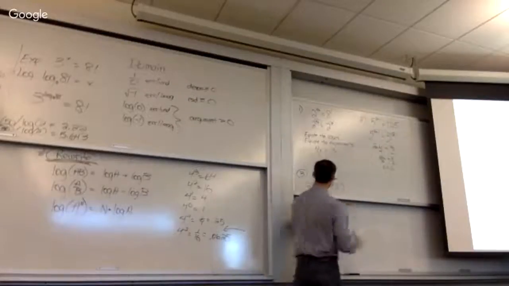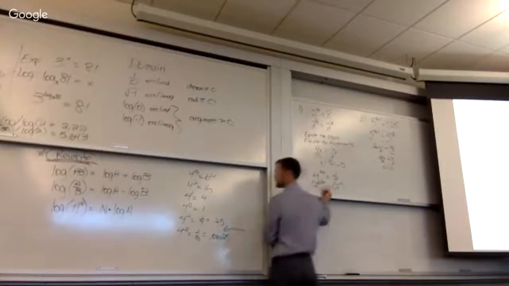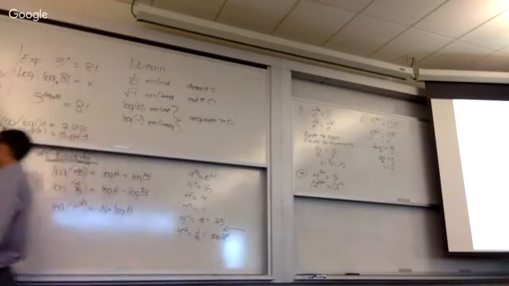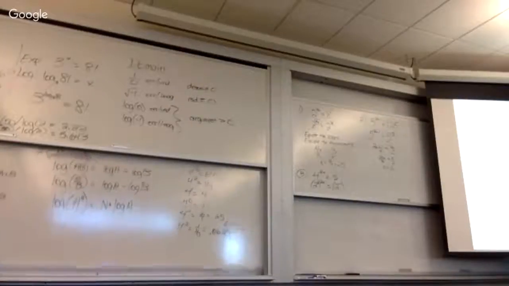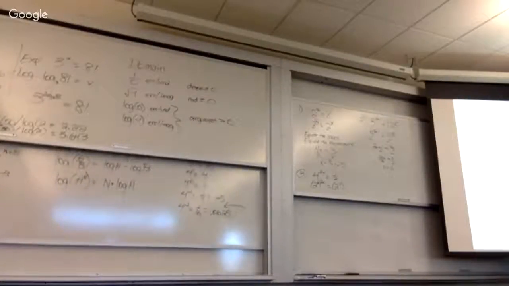So what can we do then over here? What's our exponent rule? It's just one more of many, many formulas that we should all know, such as x to the a times x to the b is x to the a plus b, and x to the a divided by x to the b is x to the a minus b, and what we want is x to the a to the b.